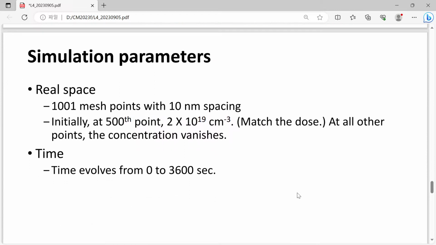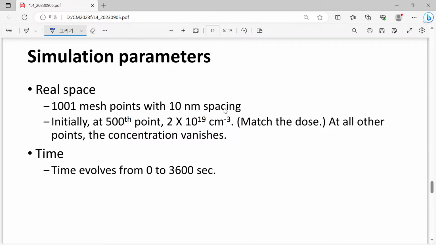Of course, you have to implement this one. Therefore, you need some simulation parameters. So this is my suggestion. Please use 10 nanometers as a uniform spacing. If you have 1001 mesh points, then you have a 10 micrometer long system.